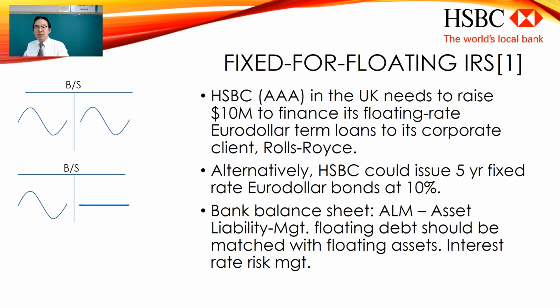Now, HSBC, the Hong Kong Shanghai Banking Corporation, is a UK bank, the world's local bank, it says. It is AAA rated, and it needs to raise $10 million to finance its floating rate Eurodollar term loans to its corporate client, Rolls-Royce.